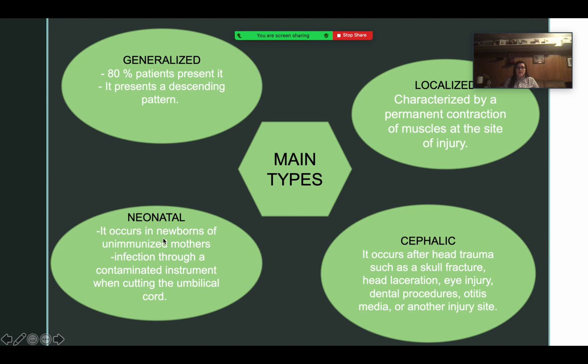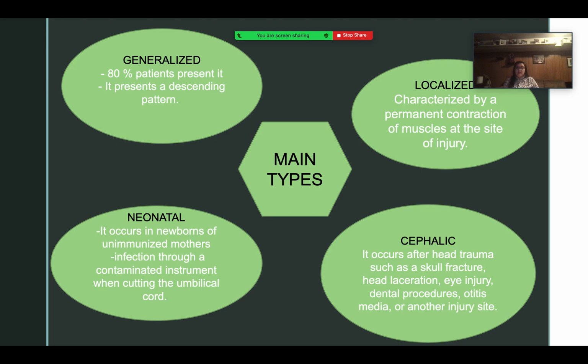The third one is neonatal tetanus. It occurs in newborns of non-immunized mothers or from infection through a contaminated instrument when cutting the umbilical cord.